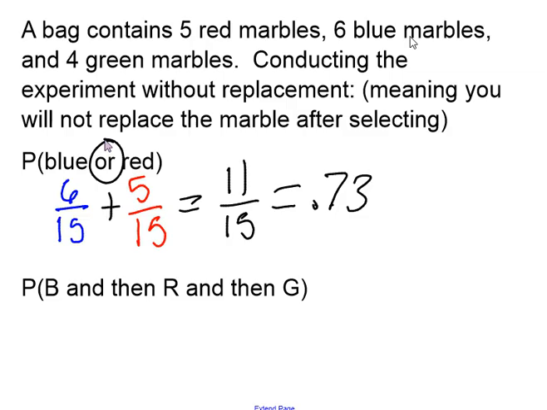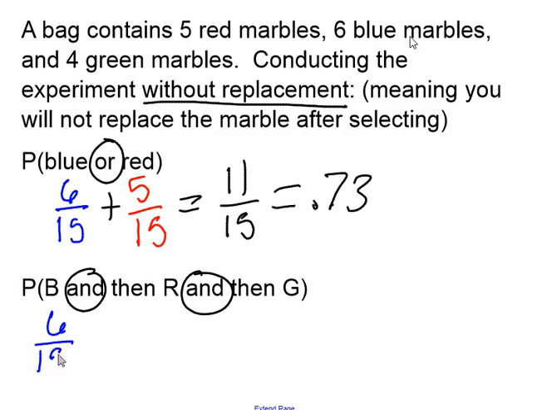Our second probability says, what is the probability of getting a blue marble and then a red marble and then a green marble? So in this scenario, I am taking out 3 different marbles. And remember, our experiment says without replacement. So what's the probability of first pulling out that blue marble? Well, that first blue marble is 6 out of 15 marbles.